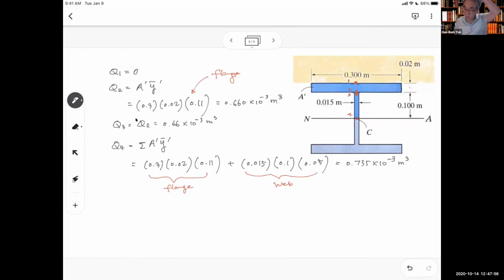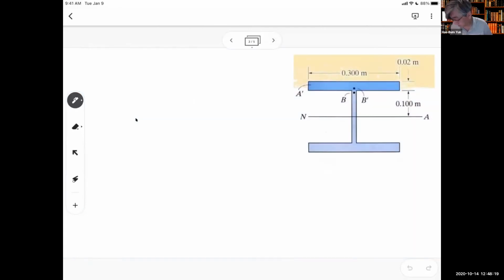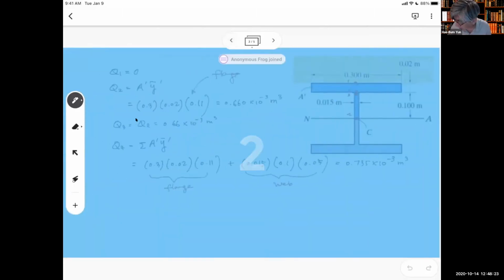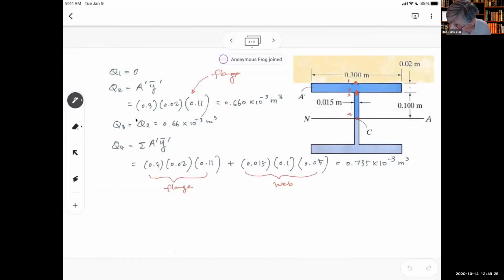Any questions so far? If not, then we are now ready to solve the tau. Then again, I'm actually putting back to these points.